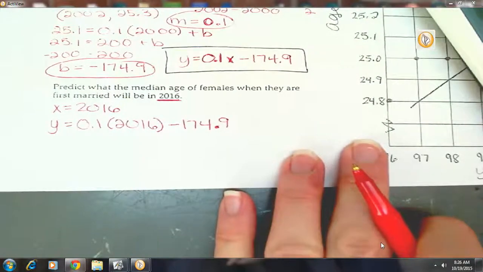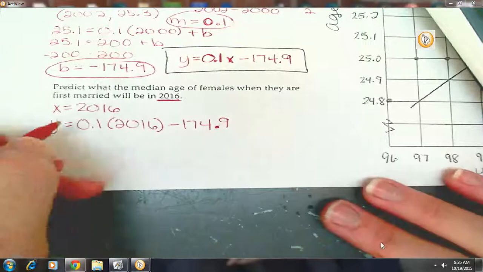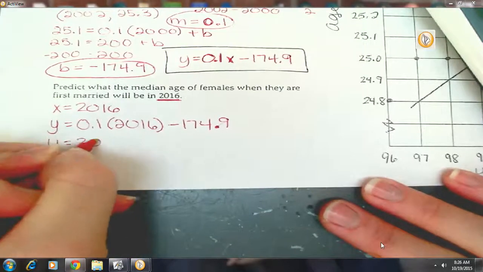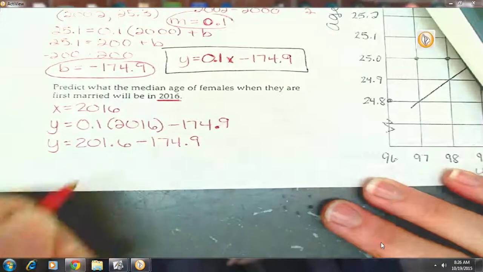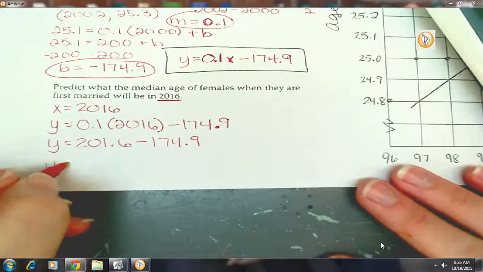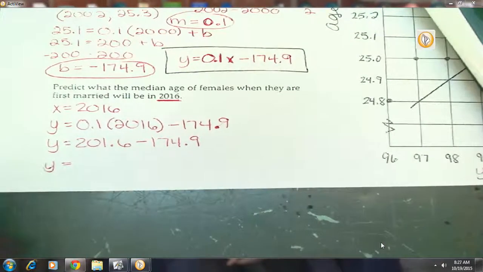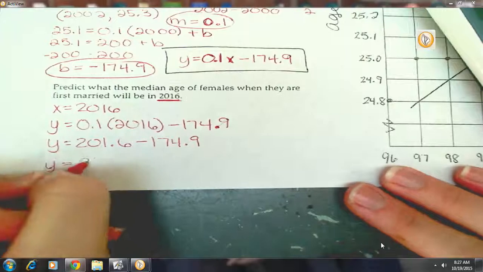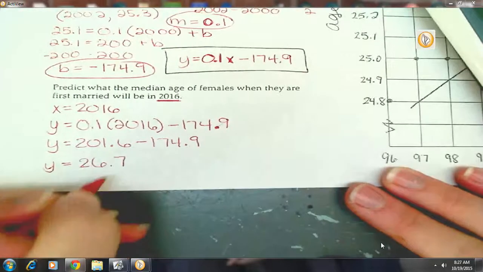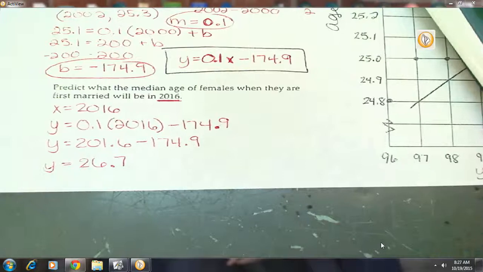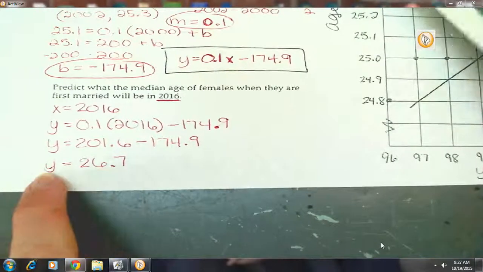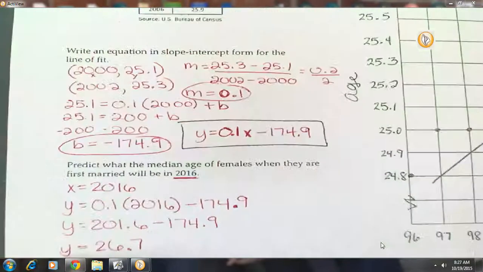So 0.1 times 2016. I have 26.7. Is that what you got? Okay, we found that y was equal to 26.7. Well, what is our y measuring?